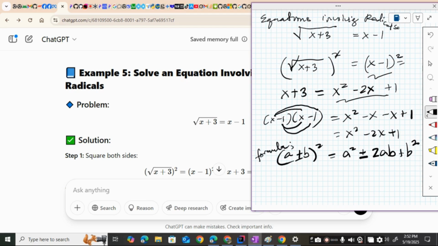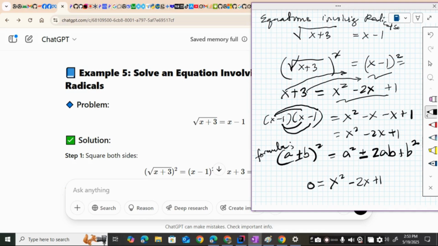So moving further, all we need to do is to put minus 3 on the other side, and also don't forget to put the x on the other side. So effectively this is x squared minus 2x plus 1.